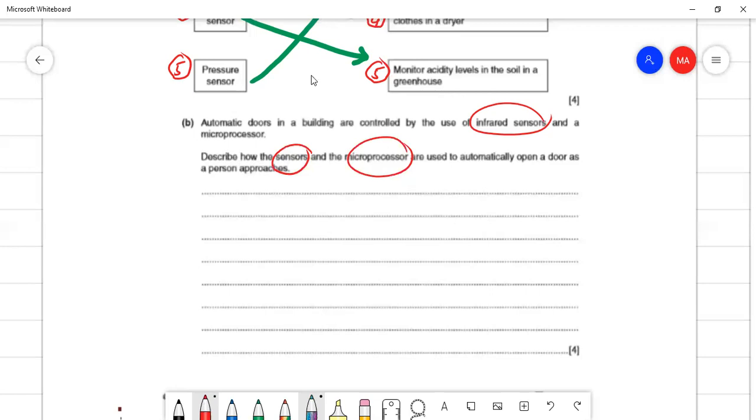Now try to solve this question. I am just giving you a hint how to attempt this question part B. The infrared sensor receives a signal if the object is in motion, and then it checks the received range.